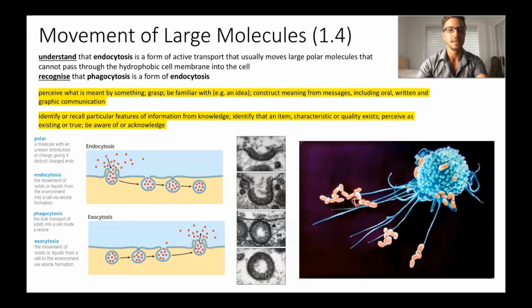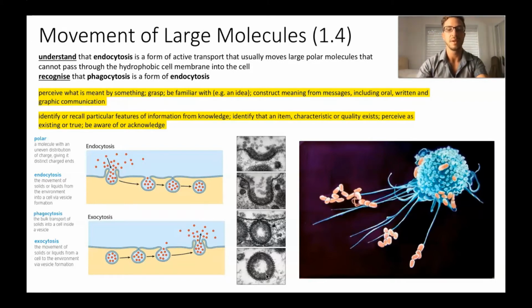So to summarize, if you're not adding energy, it's called passive transport. But if you are adding energy, it's called active transport. And both of these methods are ways of moving materials across the cell membrane. Then we have endocytosis and exocytosis.